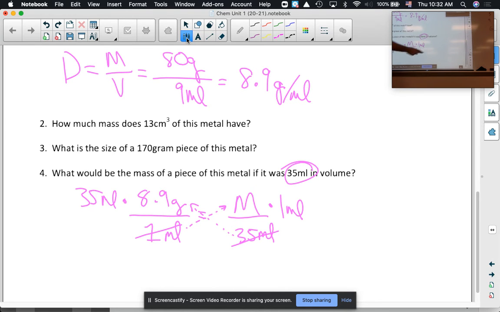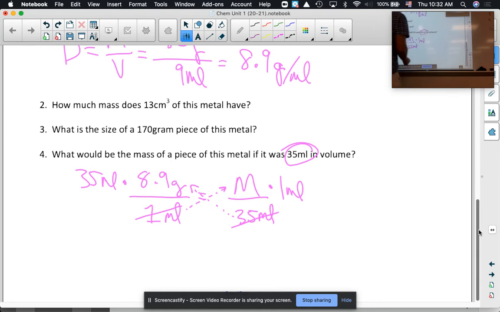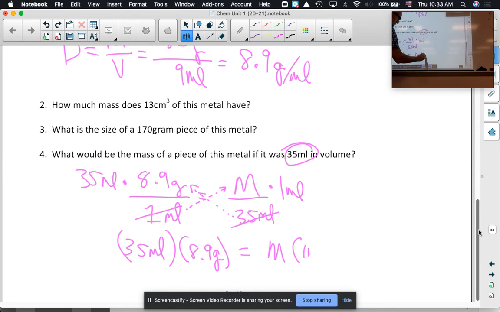And so now if I want to rewrite this whole thing, it would look, oh gosh, this is a mess. 35 mLs times 8.9 grams equals m times 1 ml. Then I would have to divide both sides by 1 ml. That goes away. And then mLs goes away. And this whole thing is just over 1 anyway.